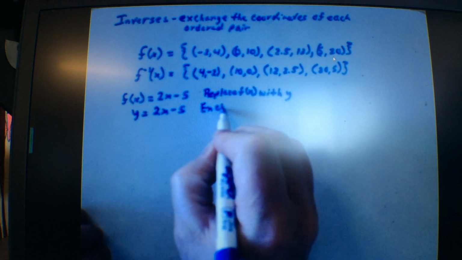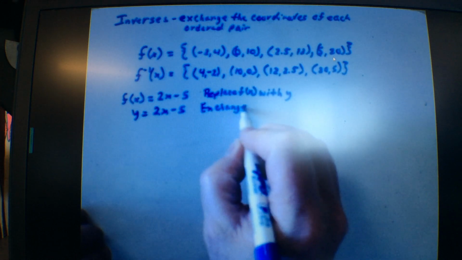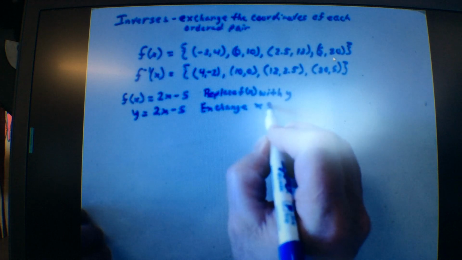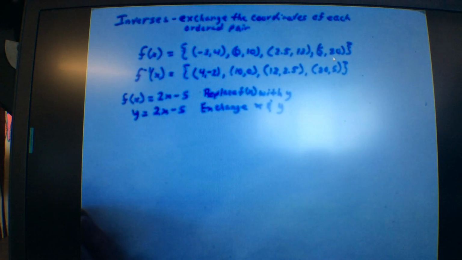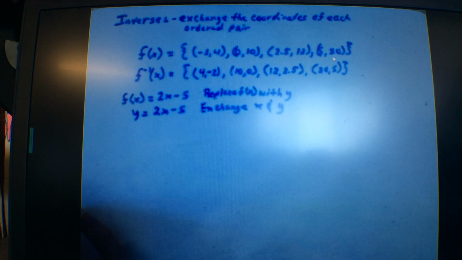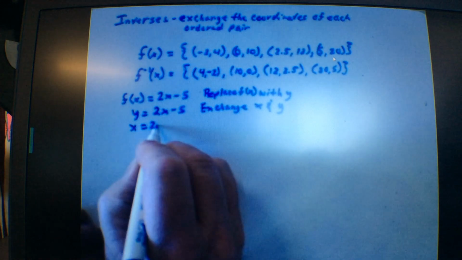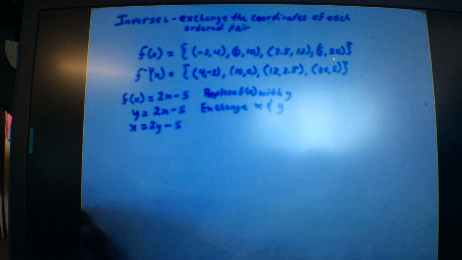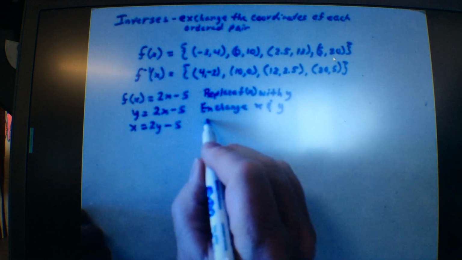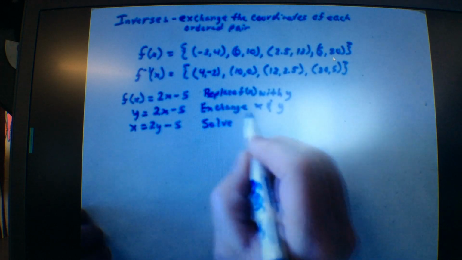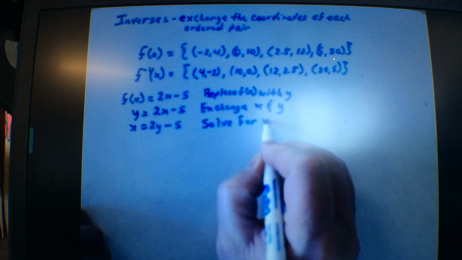Exchange x and y. By the way, does anybody remember doing this in Algebra 1? No. Okay. So exchange x and y. In other words, x comes over here and we have 2y minus 5. The next step is we solve for y.